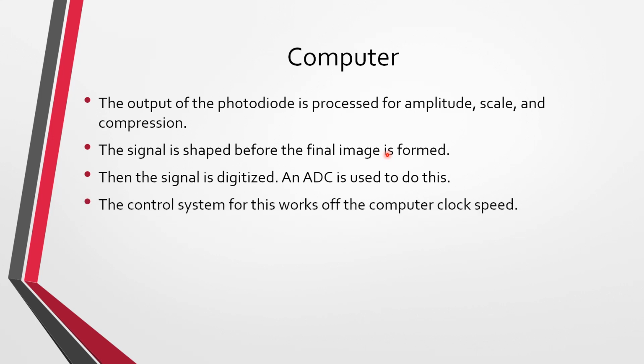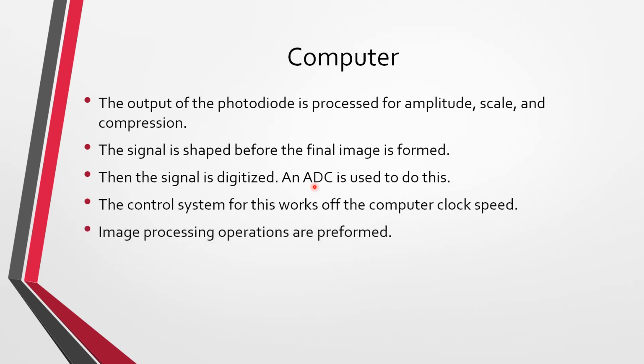The control system for this works off the computer's clock speed. The clock speed typically will be the processor speed, 2.4 gigahertz is what we would say, and the clock speed controls the system.